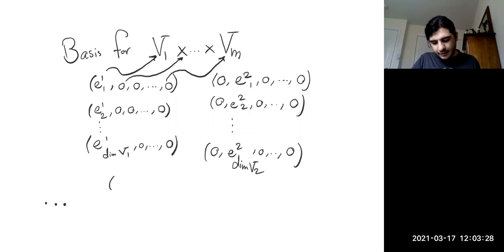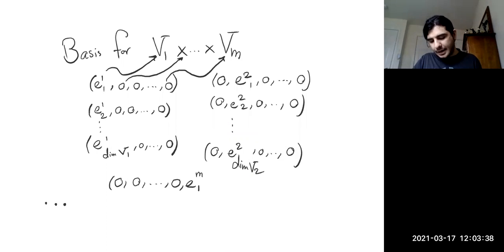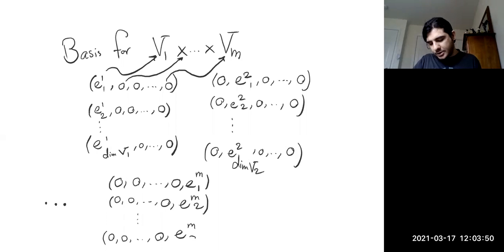So for Vm, we have 0, 0, up to the last component. I put the basis for Vm. So I would have E1m, E2m, etc., up to Em dimension of Vm.